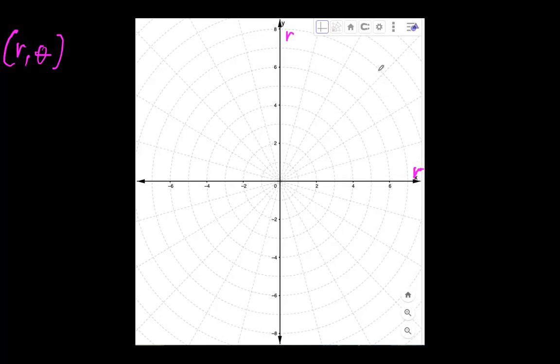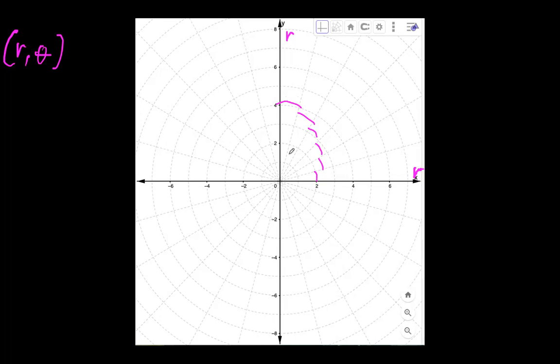The broken lines that you can see here in the coordinate system are the indicators for the angle measures, or theta. This first quadrant is divided into 6. Therefore, each angle measure is 15 degrees, and six of them make 90 degrees.